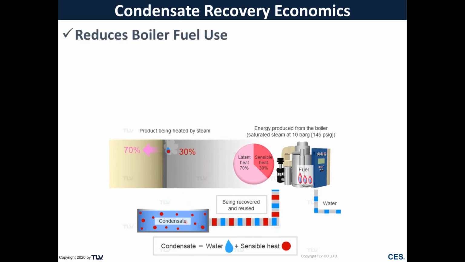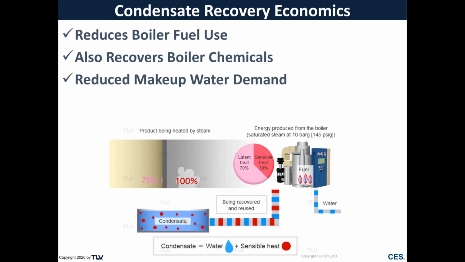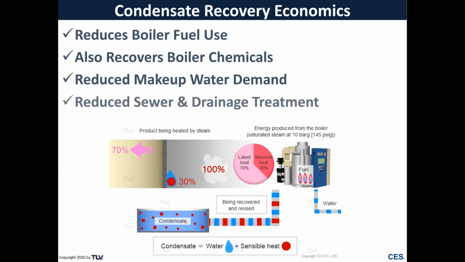First, we can reduce our overall boiler fuel consumption, which ultimately saves us money. It also recovers our boiler chemicals and our water treatment. It reduces the demand of makeup water, so we're saving that water cost, as well as any cost associated with dumping that condensate to sewer or any treatment cost associated with that drainage.